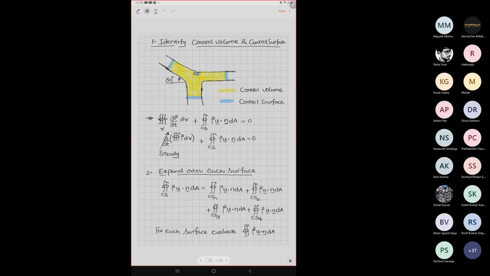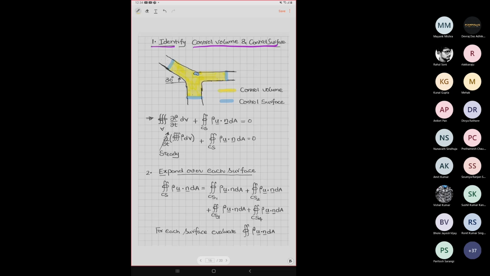So the first step, the integral analysis tells you, first identify the control volume and control surface for any problem, the generic description. So we know the material, something like a T junction, a T pipeline. Identify the control volume. That is what I did with yellowish color. Wherever I filled the yellow color, the three-dimensional volume is the control volume.